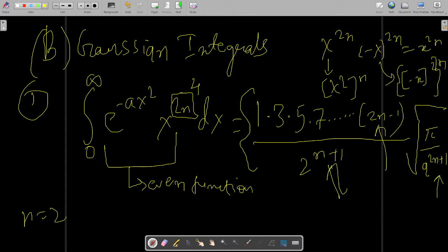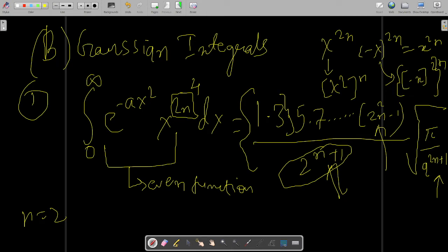What will this turn into? 2 into 2 is 4, minus 1, 3. That means we will expand up to here. Then when 2 is put in this, you will get 2 to the power 2 plus 1, so 2 to the power 3 will come over here, and over here a to the power 2n plus 1, 2 twos are 4 plus 1, 5, so a to the power 5 will come.